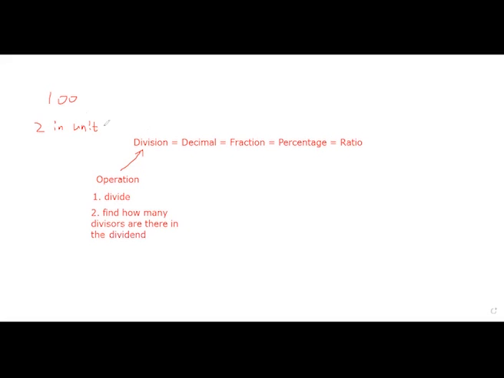Then how many units are we gonna need in order to complete that task? So we are trying to find how many 2s are there in 100, right? This is what we mean by finding how many divisors are there in the dividend.